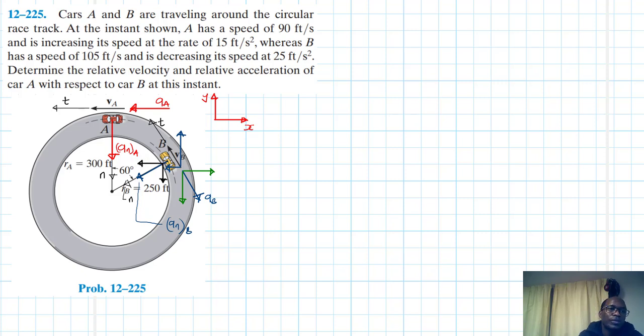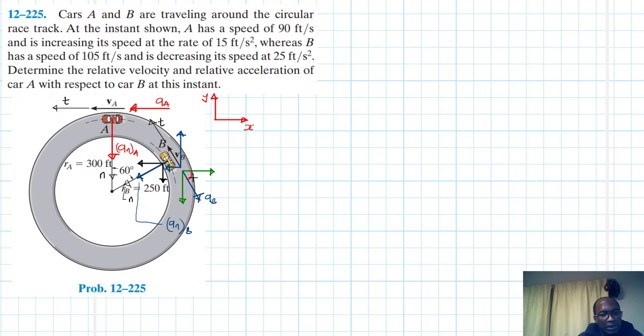What are the angles for this? If this is 60, then this is 30, then this becomes 60. Should be okay. Let's write that down.